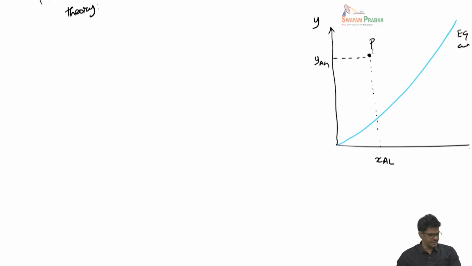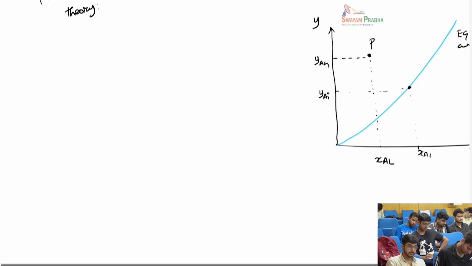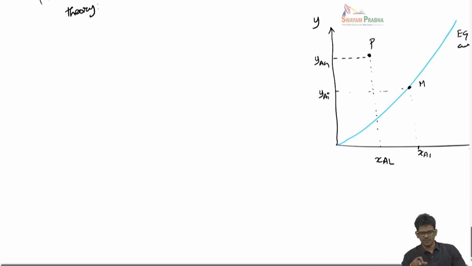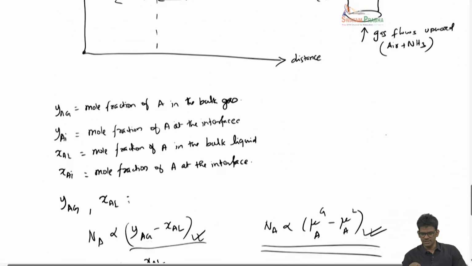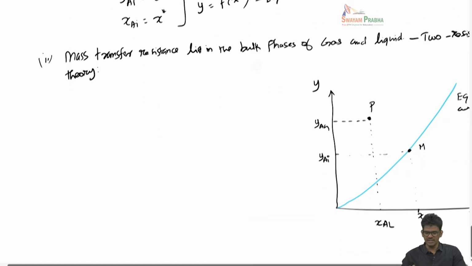Now let us also point out the interfacial concentration, which I said is equal to the equilibrium concentration, is somewhere here. This is YAI and this is XAI, and we call this point M. So whatever concentration profile I showed here, I am replotting along with the equilibrium line.